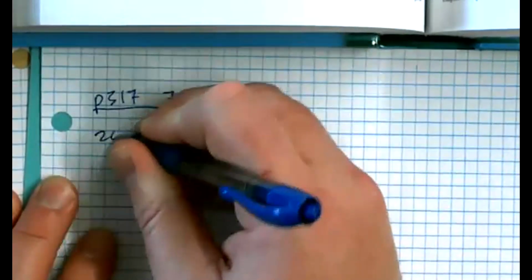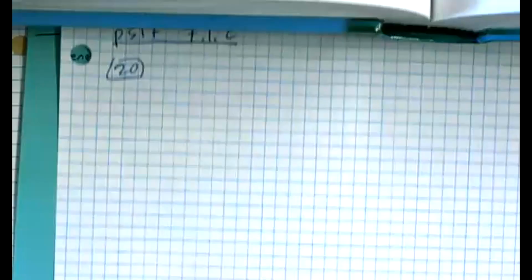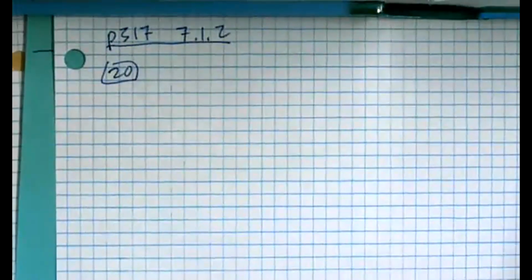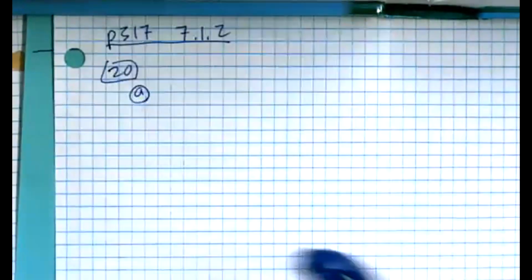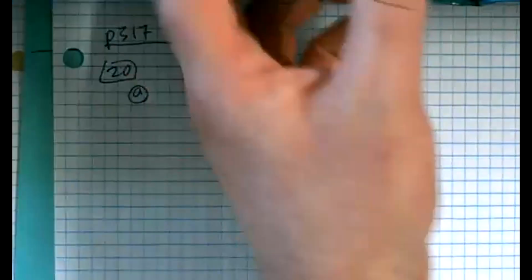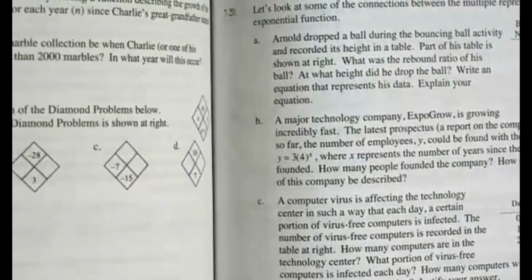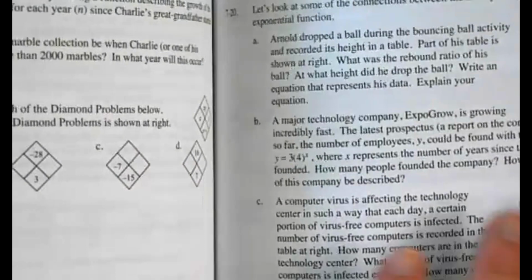We'll be doing most of problem 20 and 21 together today. So 20, we'll begin with part A. This is 319, or sorry, 317. Page 317.